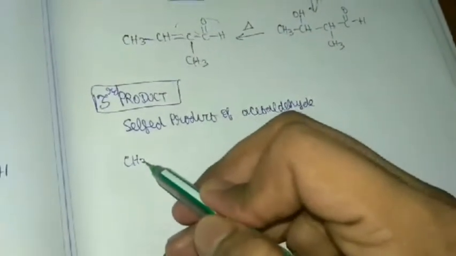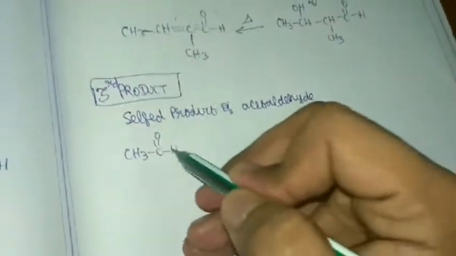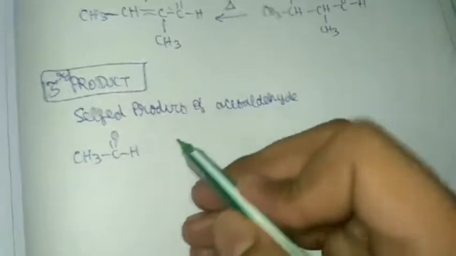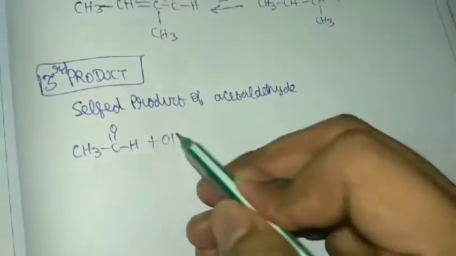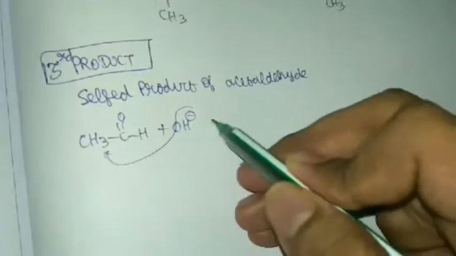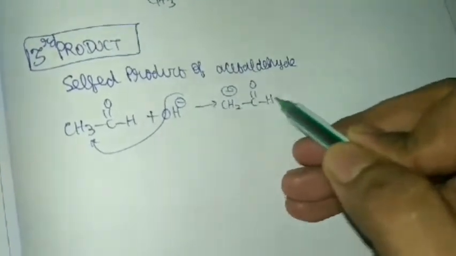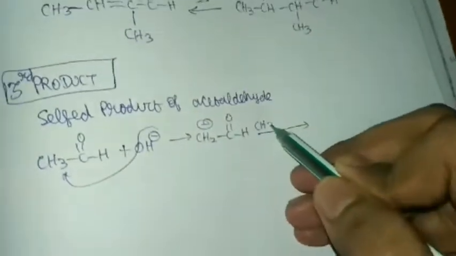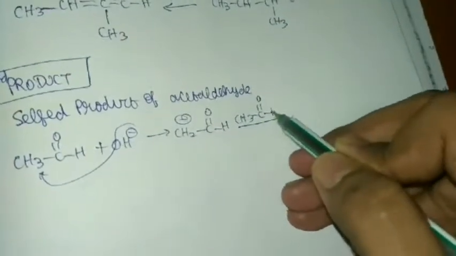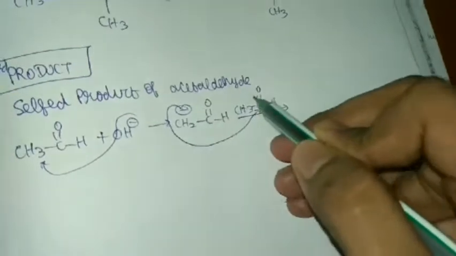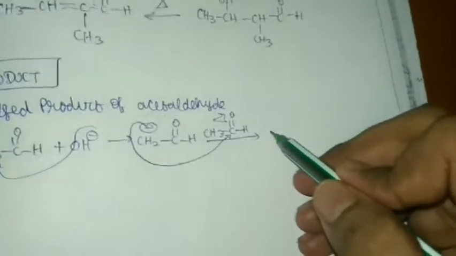So CH3 C double bond OH will undergo the same thing. CH2 minus C double bond OH. It will attack CH3. You write this again and again until the mechanism comes in a flow.